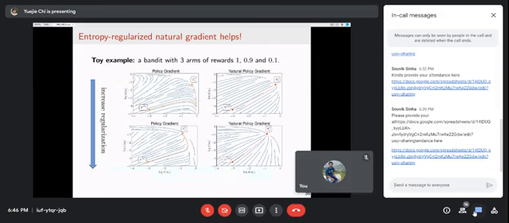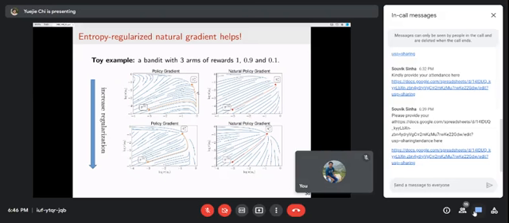Alright, so how do these two tricks help us? Here I'm showing you a toy example where we are looking at a bandit example with 3 arms that has 3 different rewards. The bandit is a toy RL problem where you only have a single state. We can already see on the left, if you run policy gradient, it converges to the optimal policy through this sort of indirect path.